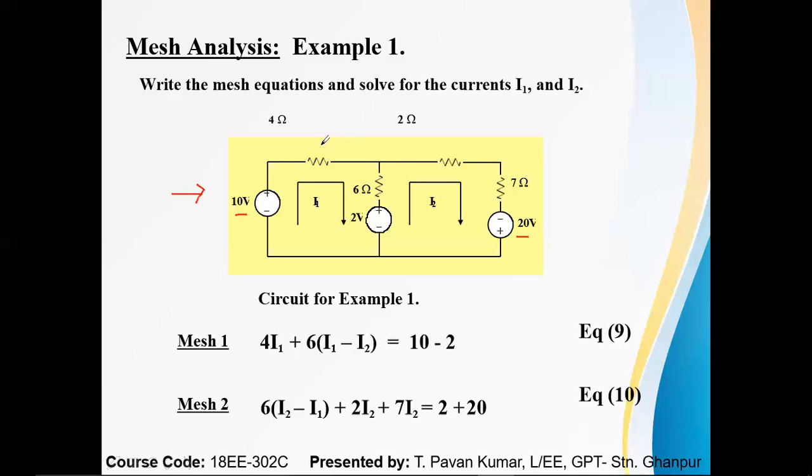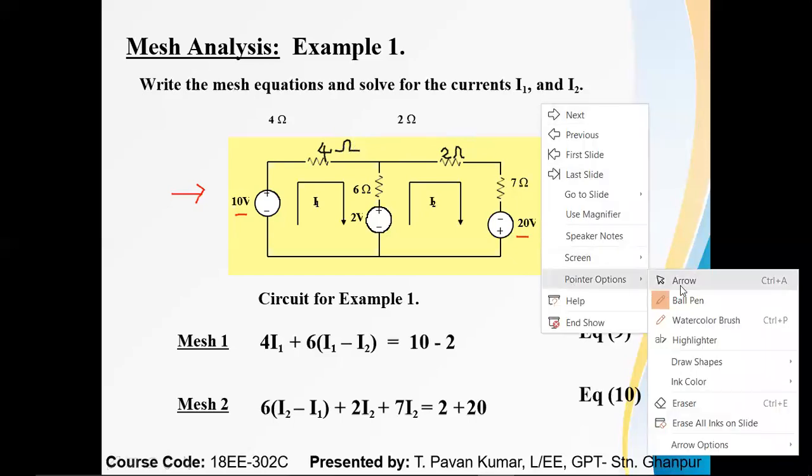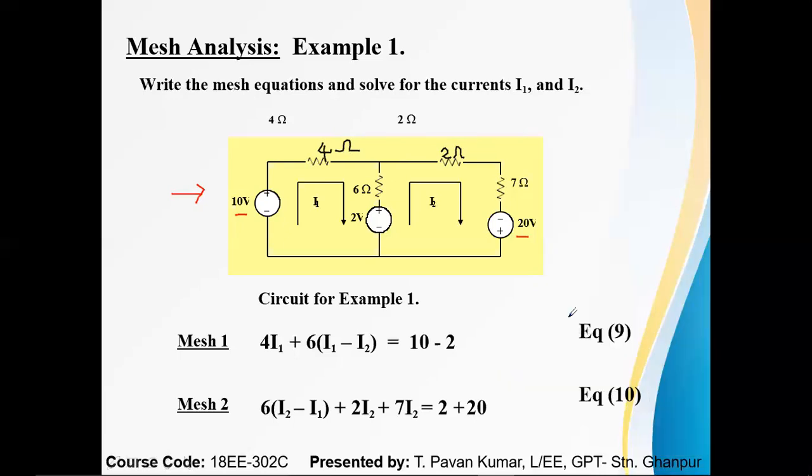This is 4 ohms, this is 2 ohms. Right, now here these are my loop current directions. This is plus minus, and this is plus and minus.